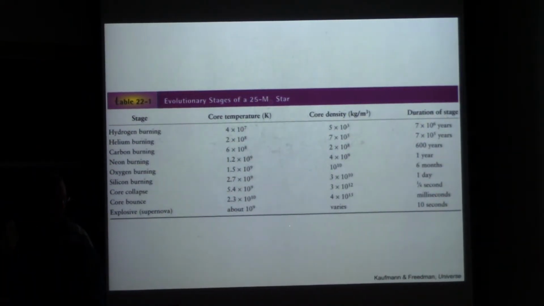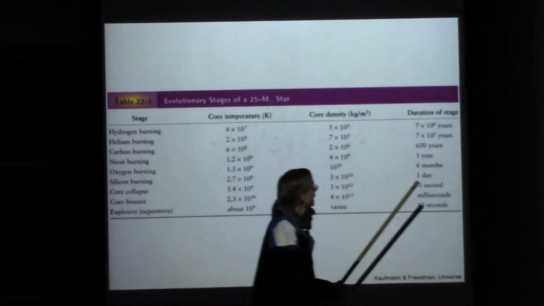All right, so our star is going to blow up good. He went through describing the lifetimes of various fusions. It's going to depend on the mass of the star. Here's for a 25 solar mass star, and what it comes down to is that every fusion stage is faster and faster, right?